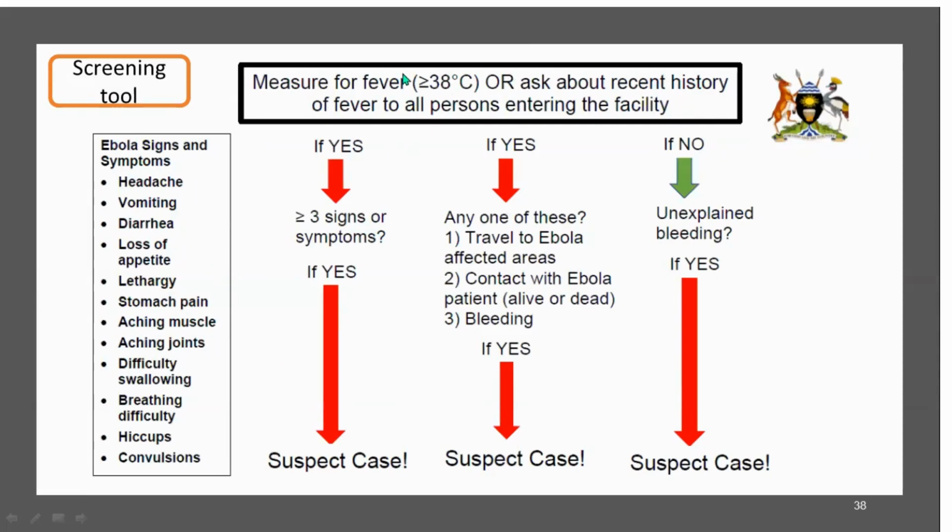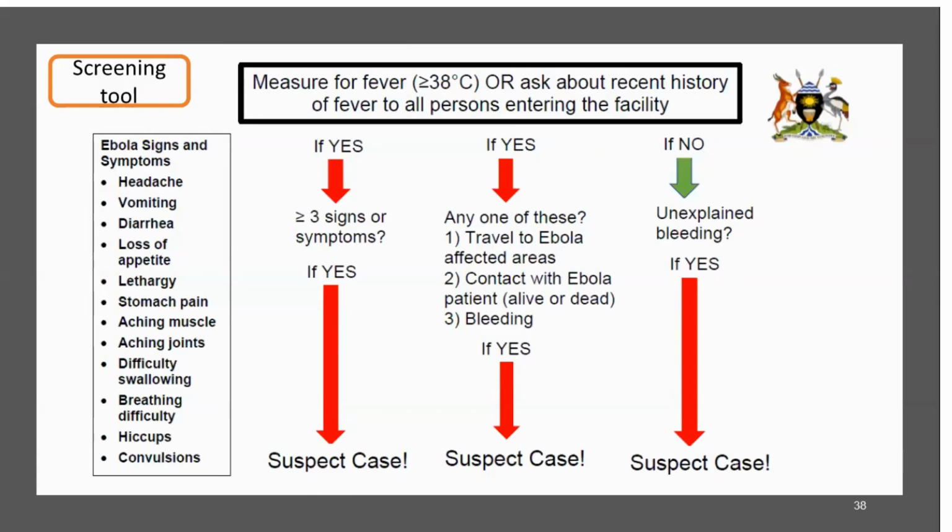Again, if you do a temperature check at the gate and find the patient having 38 and above, and or a history of very high grade fever, and the answer is yes, then ask whether this patient has just one of the following: a travel to Ebola affected districts, for example Kasese or Mubende, within the last 21 days.